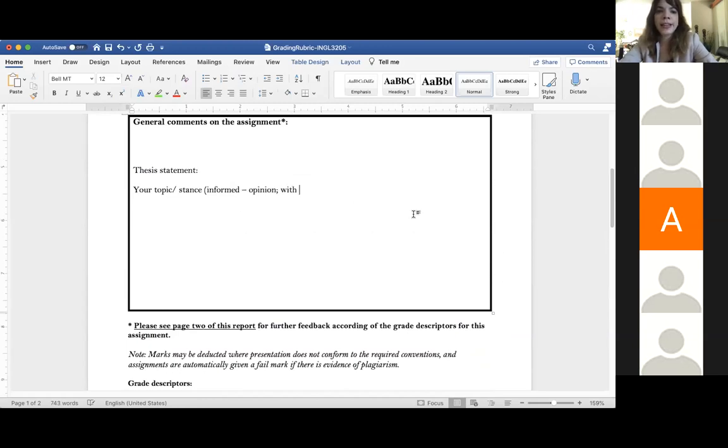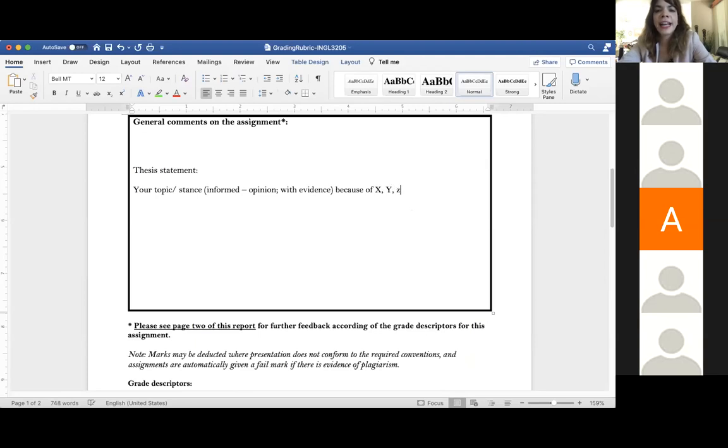No es como que I think this. So your topic, your stance, I'm going to be talking about this in less explicit ways. And African American English is a legitimate or is not a legitimate variety because of X, Y, Z, right?